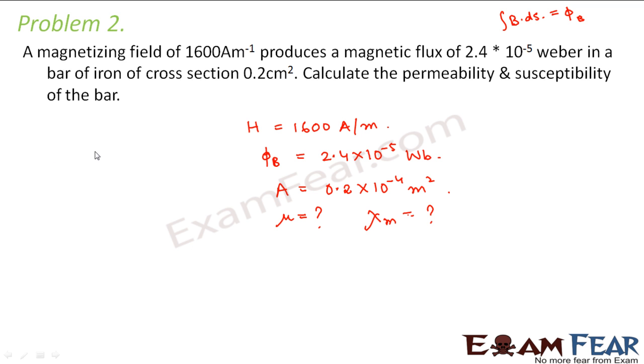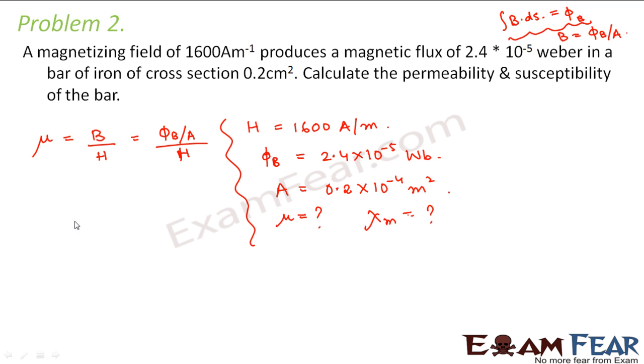Now, with the help of whatever we studied so far, we know that mu is equal to B by H. And what is B? From this definition, B is nothing but phi B divided by A, where A is the area, because integration of ds is nothing but area. So instead of B, we can write phi B divided by area, divided by H. This would be the value of mu, the permeability.